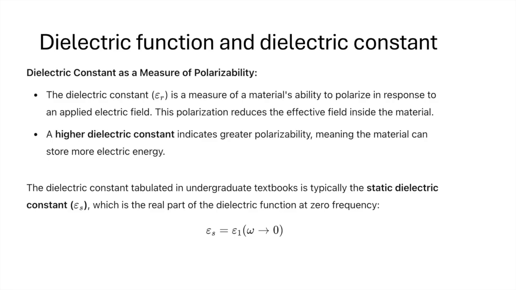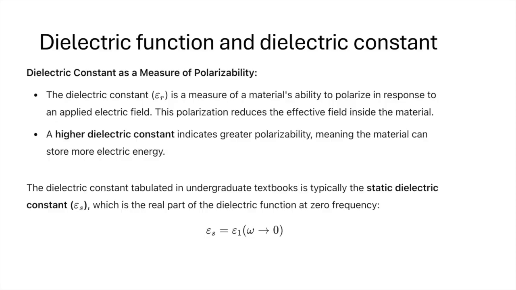Before venturing further, let's have a closer look at the dielectric function and the dielectric constant. Dielectric constant is a measure of polarizability. The dielectric constant is a measure of a material's ability to polarize in response to an applied electric field. This polarization reduces the effective field inside the material.